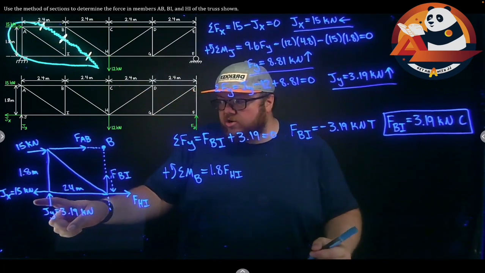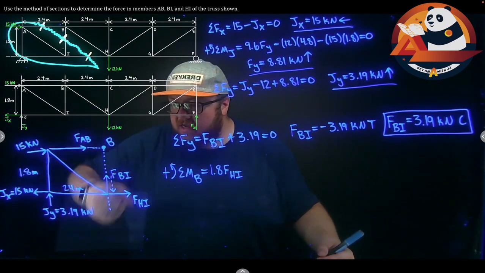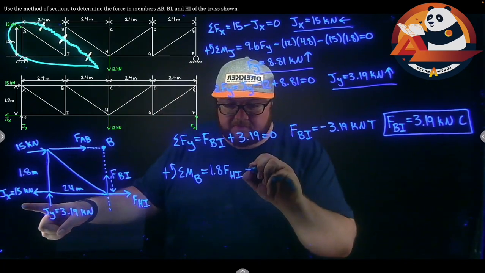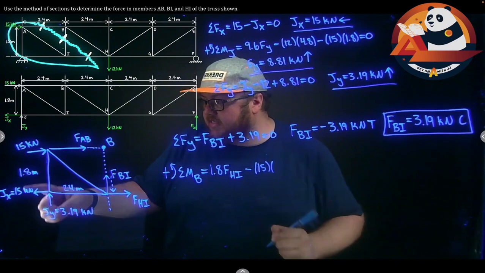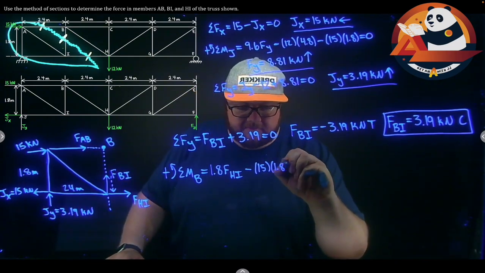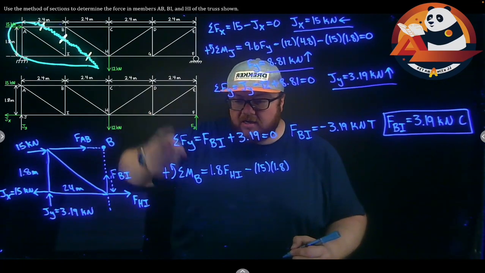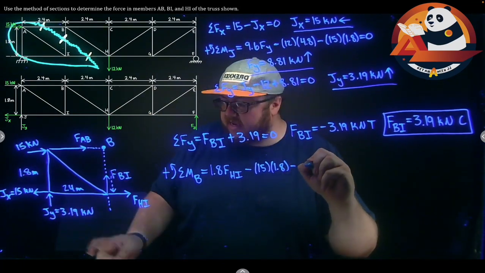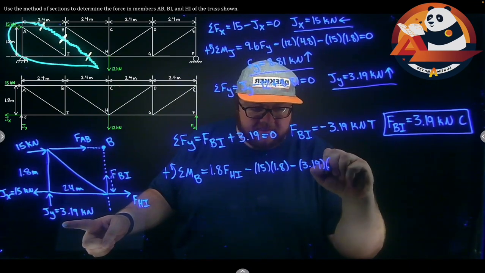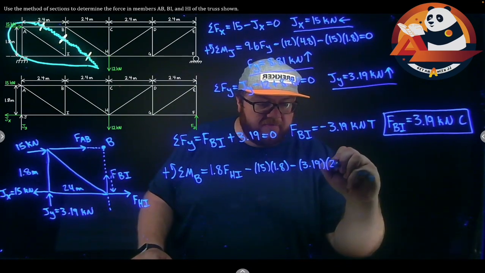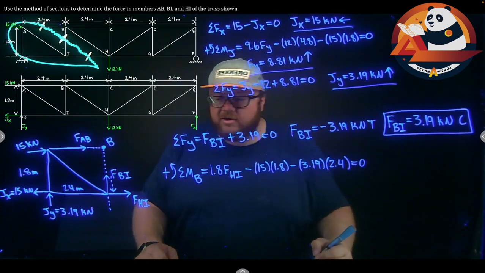So I need to come down to J. JX will cause a clockwise rotation, so minus my force, 15, times my distance here, 1.8. And then minus my moment from JY, because it will also cause a clockwise rotation. Minus JY force, 3.19, times my distance, 2.4, is going to get me to 0.